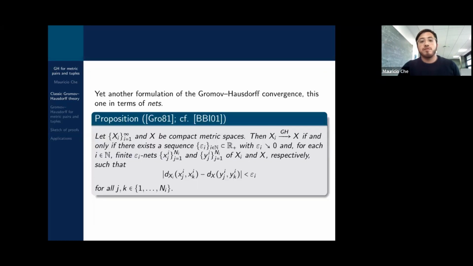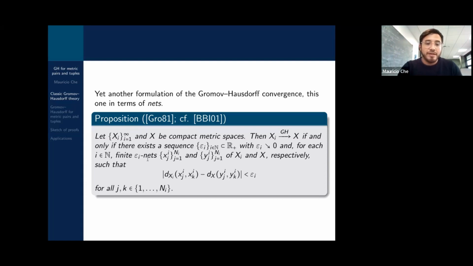There's yet another way to formulate the Gromov-Hausdorff convergence, and this one is in terms of nets. Let me recall what a net is. If you have a metric space, we say that an epsilon net of that space is just a set of points in the metric space such that if we take epsilon balls around those points, all those balls cover the whole space, right?